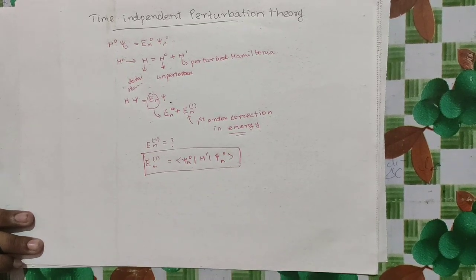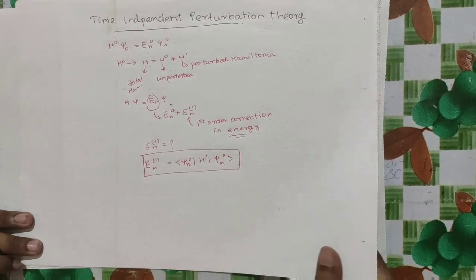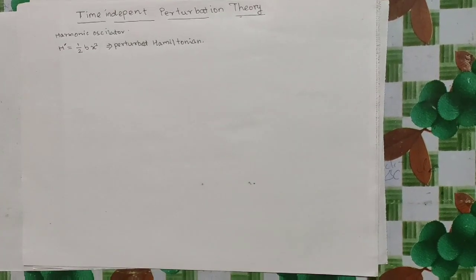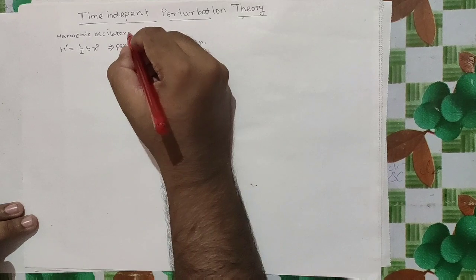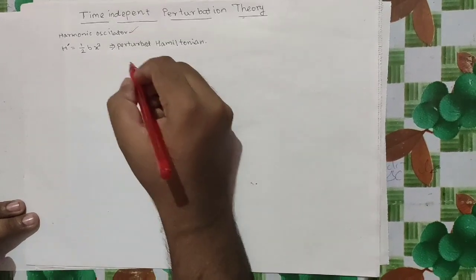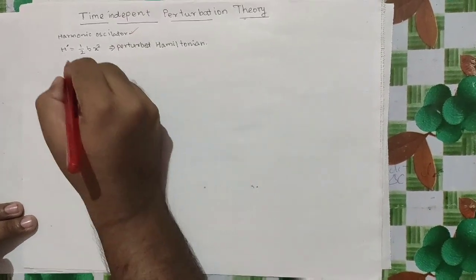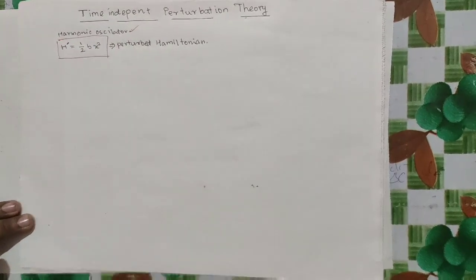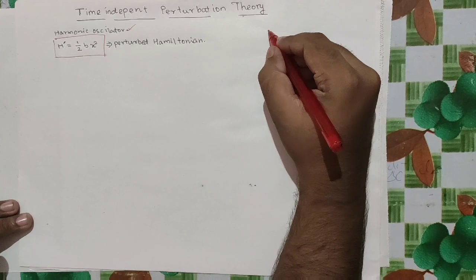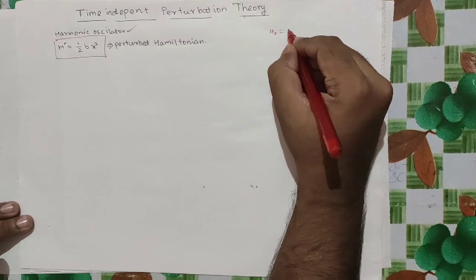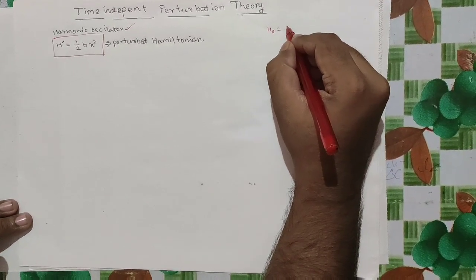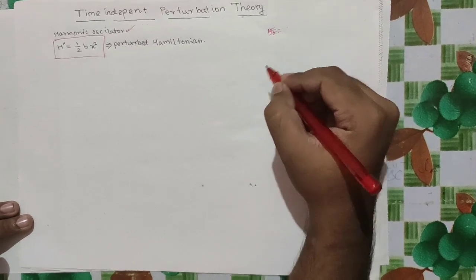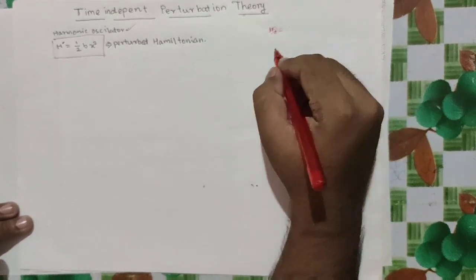Now we are taking one example. The example is the harmonic oscillator. It is given that the perturbed Hamiltonian is half b x square. We know H0, the unperturbed Hamiltonian, but we do not need H0 here.